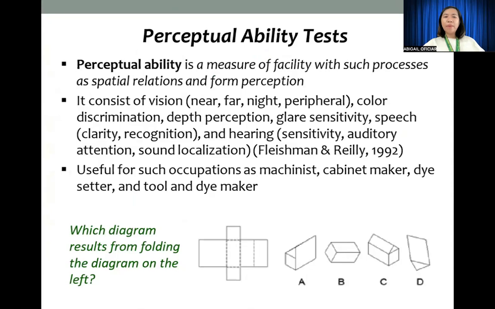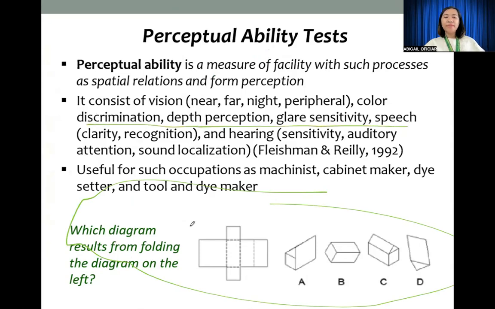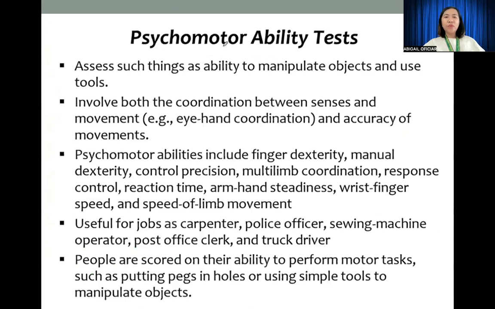Next, another example, perceptual ability test. Ito yung kanyang example question. Okay? Ito yung pwedeng ma-measure dyan. Okay. We also have psychomotor ability test. Tinitignan yung coordination ng mga senses mo.